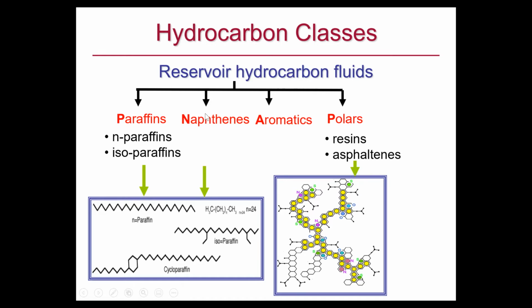Or we can have naphthenes, which have a cyclic ring. And then aromatic, I will discuss a bit later. And then we have resin and asphaltene, and I will discuss these later as well.